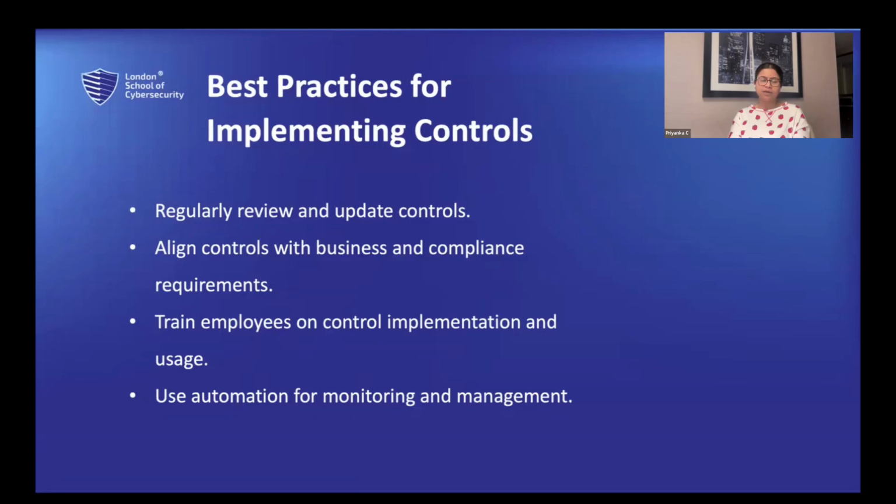The same control will not apply between America and India. So you need to make sure that you have a good handle on your requirements. What am I needed to do? Don't just follow blindly that I did a particular thing in my last organization, so I will continue to do it in the new organization. You need to make sure of the relevance.